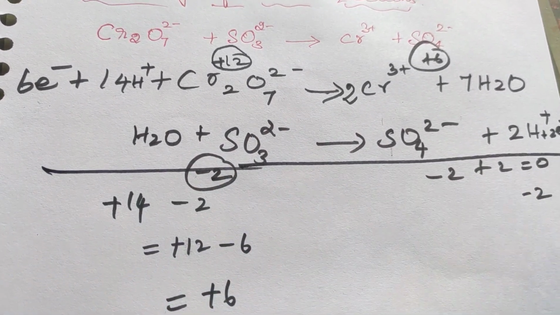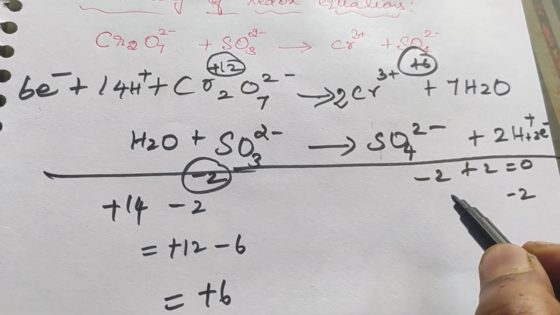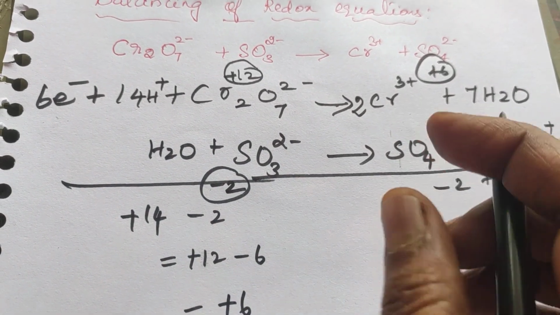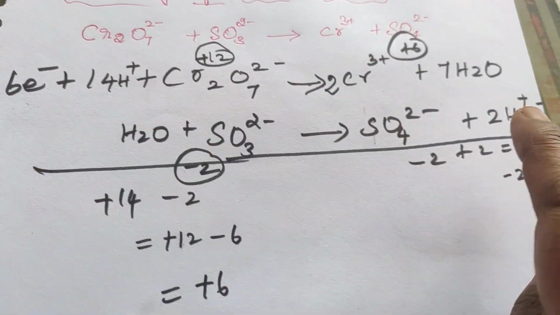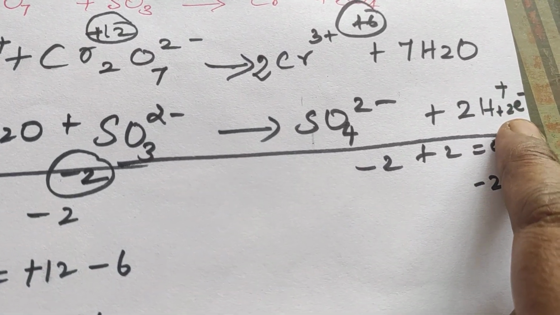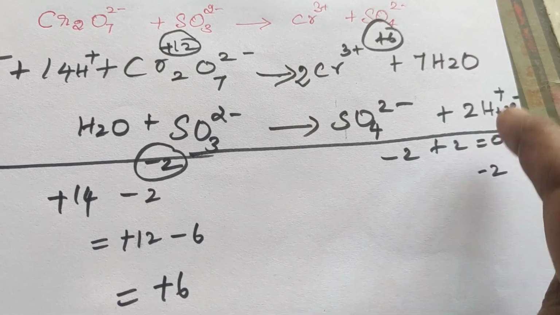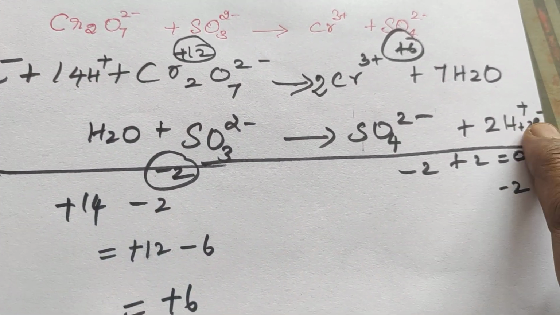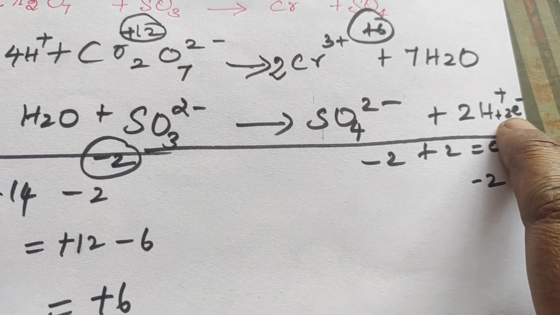Now our required equations are all ready. We will sum up. Before summing up, there shouldn't be any electrons in the final equation. But you see in the first equation 6 electrons are there, in the second equation 2 electrons are there. So electrons should be equal so that you can cancel out. 6 cannot be made into 2, but the second equation can be multiplied by 3 so that you will get 6 electrons.